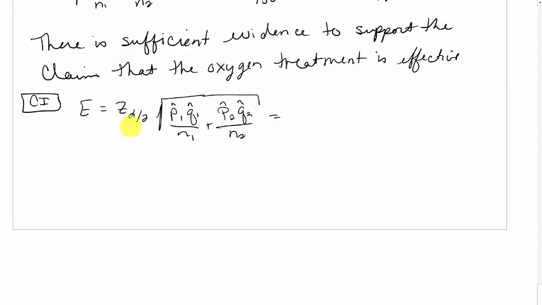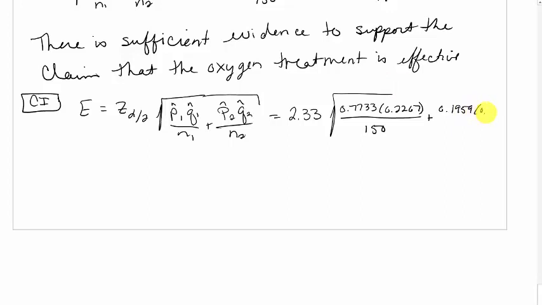And we always use whatever critical value we used in the test for this. So that's going to be 2.33 times the square root of 0.7733 times 0.2267 over 150 plus 0.1959 times 0.8041 divided by 148.